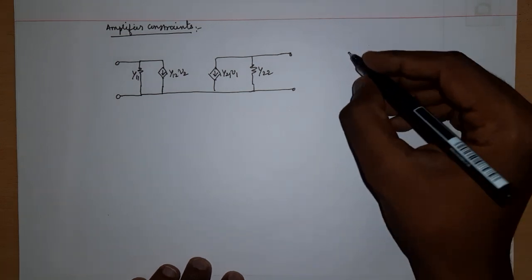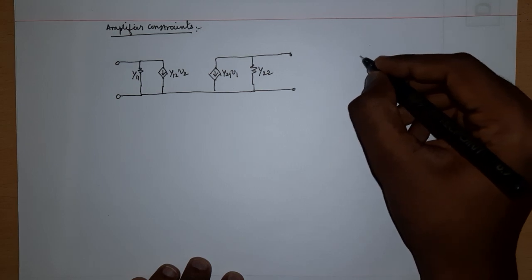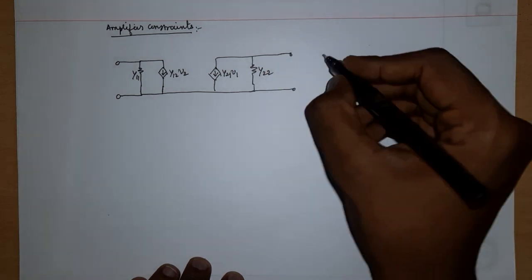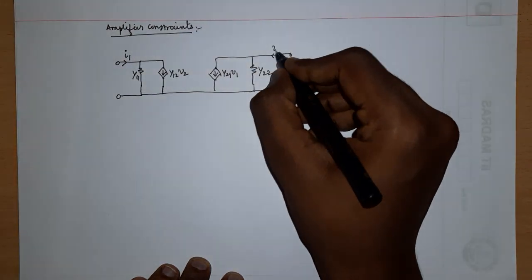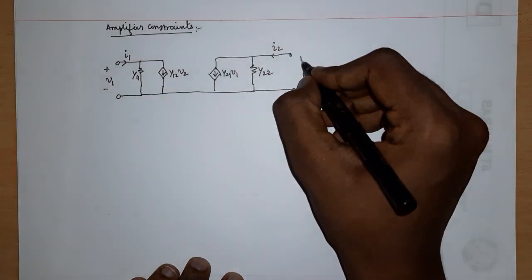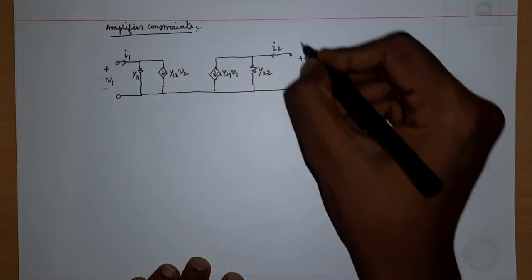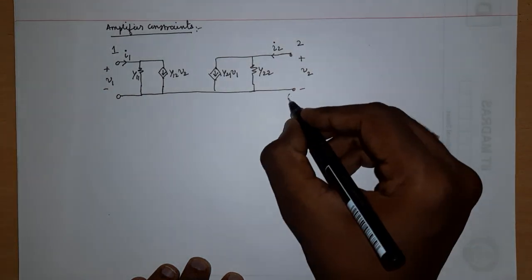And let me also put down the expression. The expression was something like this. So let me just mark the parameters, independent and dependent variables. So this is port 2, this is port 1. Okay, and this I said was common.